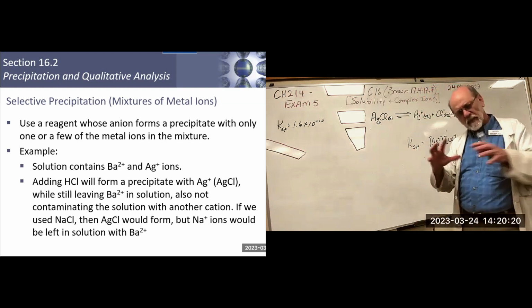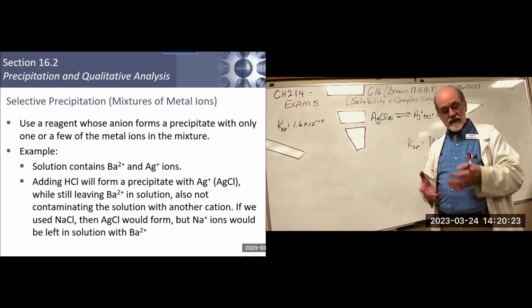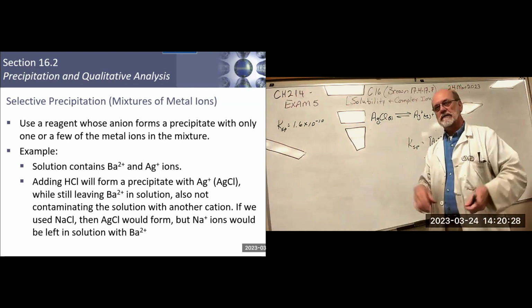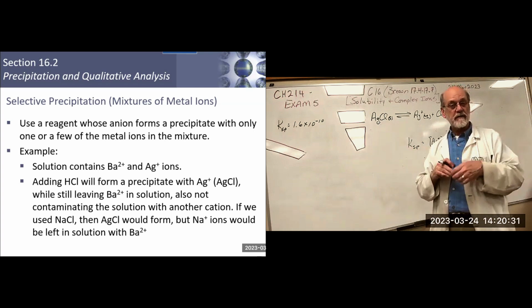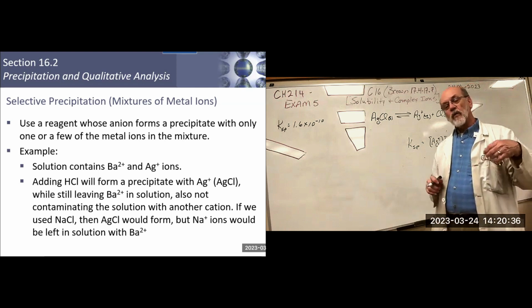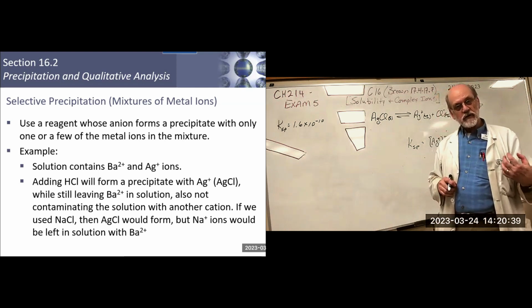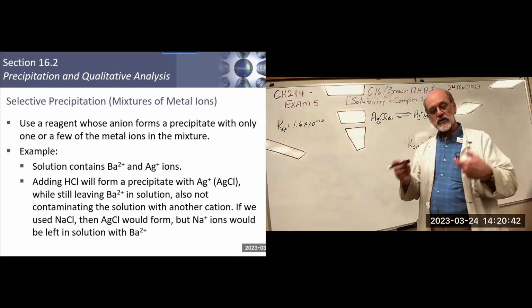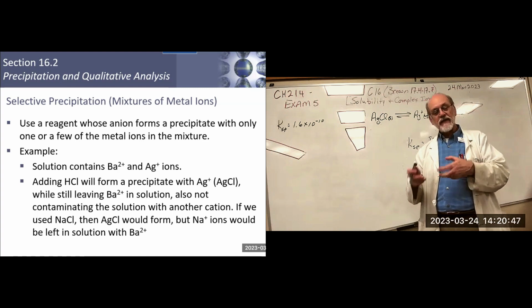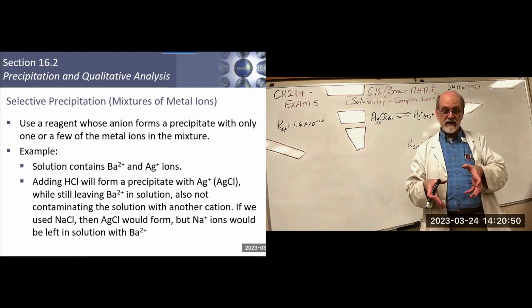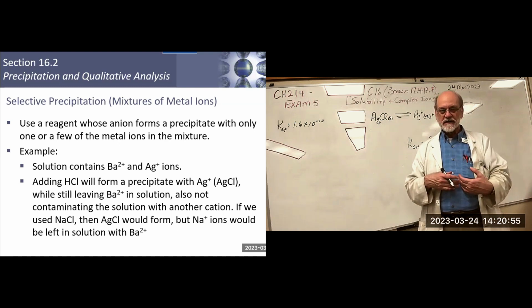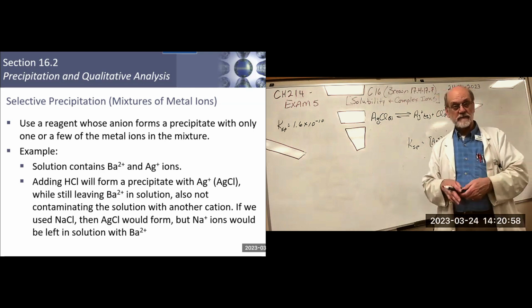If you have a mixture of metal ions in a solution with some counter ion that makes the metals completely soluble, then one way to retrieve those metals selectively is to choose the anion correctly and the reaction conditions correctly so that we can selectively precipitate the metal as we wish.